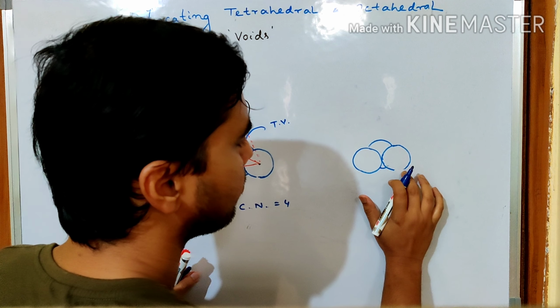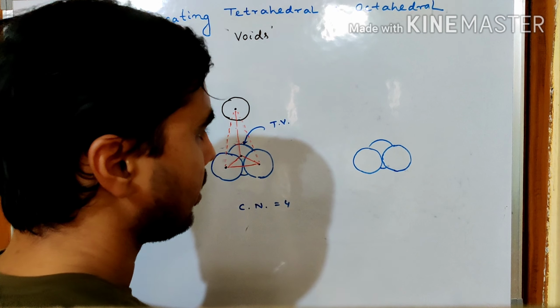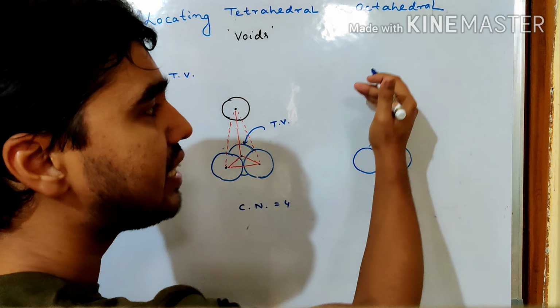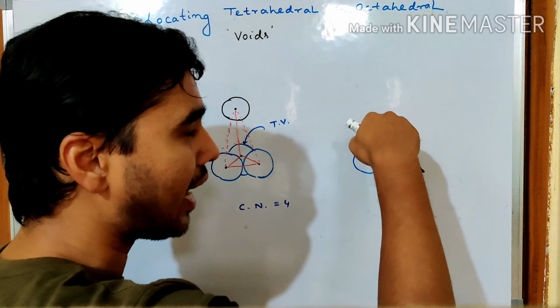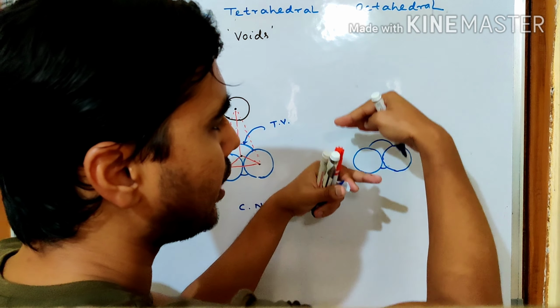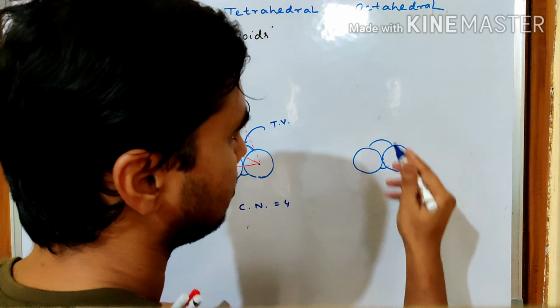Now, there will be another 3 atoms here, just the above layer. We are not actually having these layers touch each other, but I have kept some separation so that we can show the in-between space.